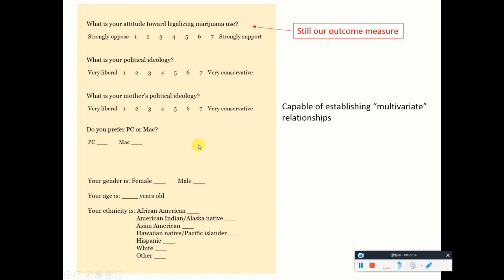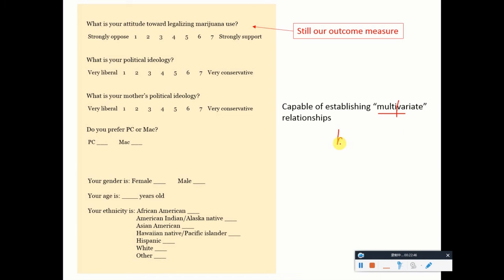Okay, so by including all these additional questions, we can now start to establish what we call multivariate relationships. So multi means many, right? Variate simply means variables. So that means the relationships between more than two variables.